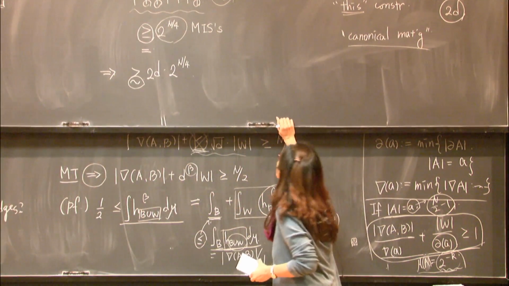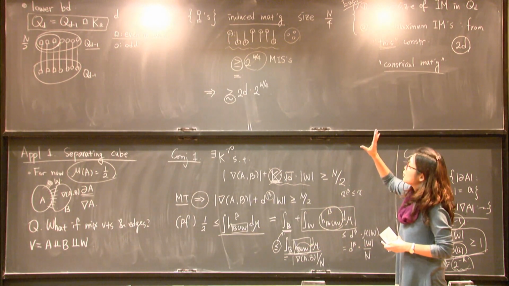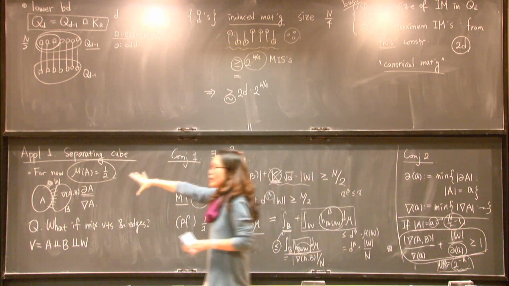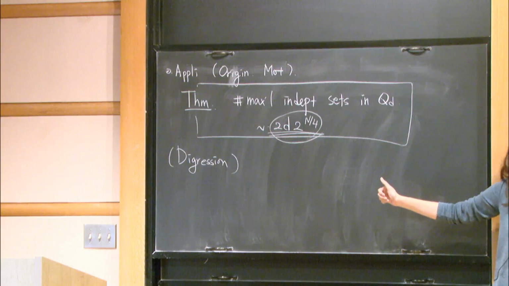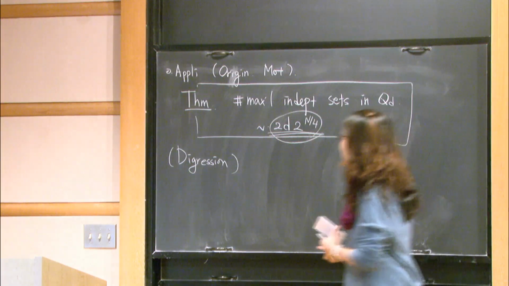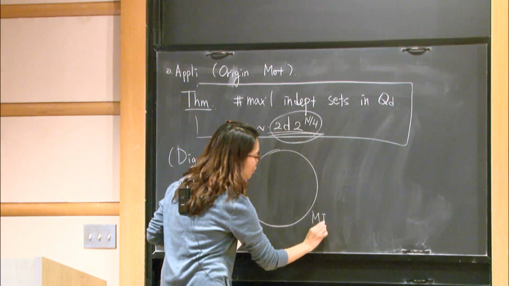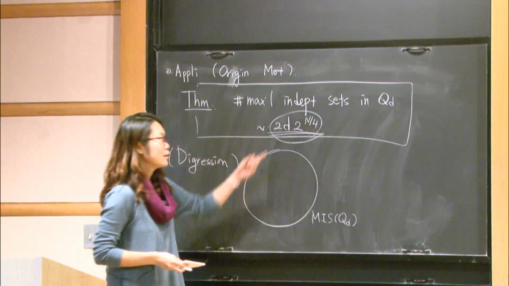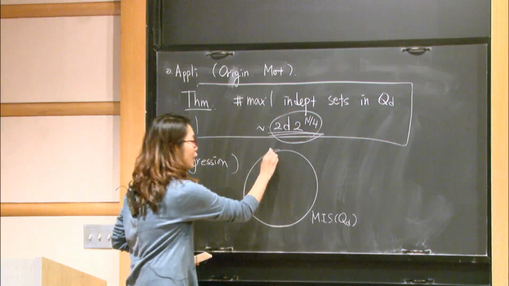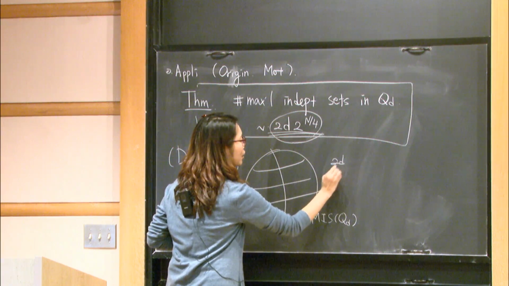Okay. And let me make some remark. That theorem is actually not just about the numbers. This is actually about the structure of the collection of maximal independent sets, meaning that, let's say this is the collection of all of the maximal independent sets in QD. Then what this theorem says is there are exactly 2 times d phases.